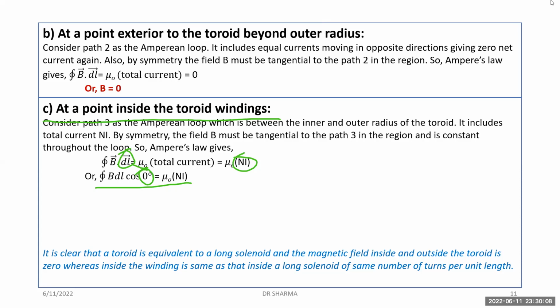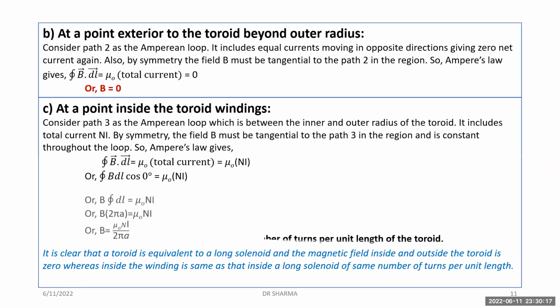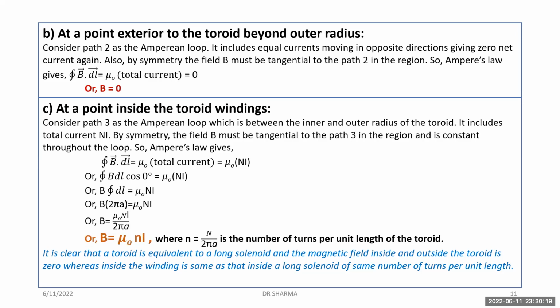Now we can take the magnetic field B out of the integration sign because it is constant.